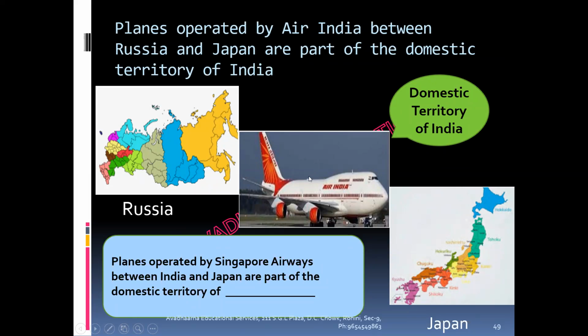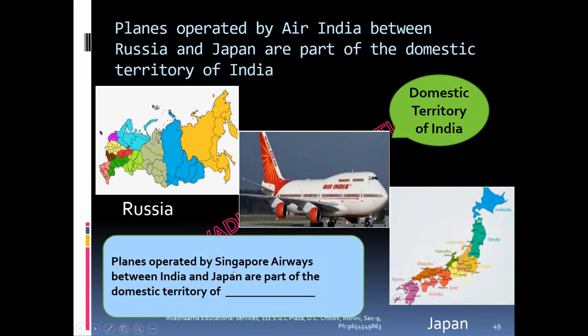This is Japan. This is an Air India plane which is operated. Now, this is owned by India and it is operated by Indian residents. So the area which this plane is occupying is going to be a part of domestic territory of India.